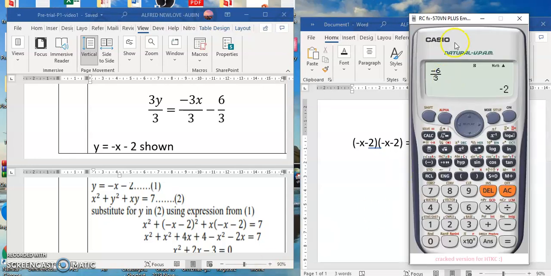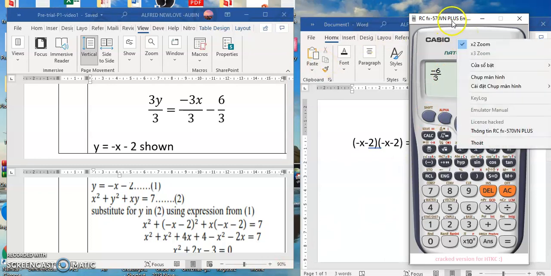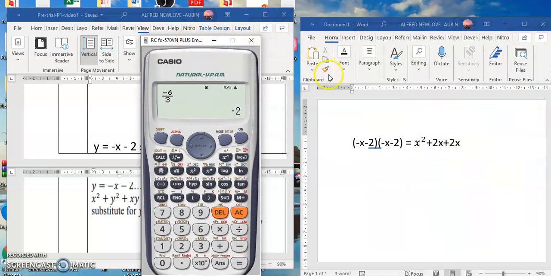You see, the trick is, if I want to press minus x times minus 2, there is 1 in front here.